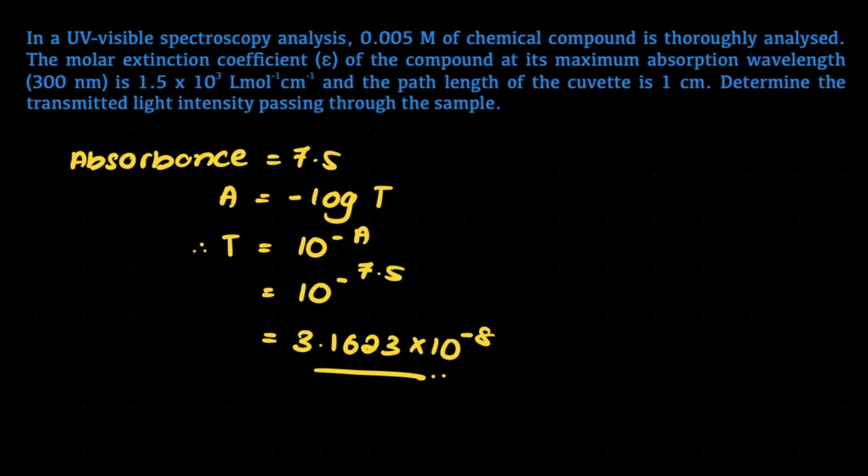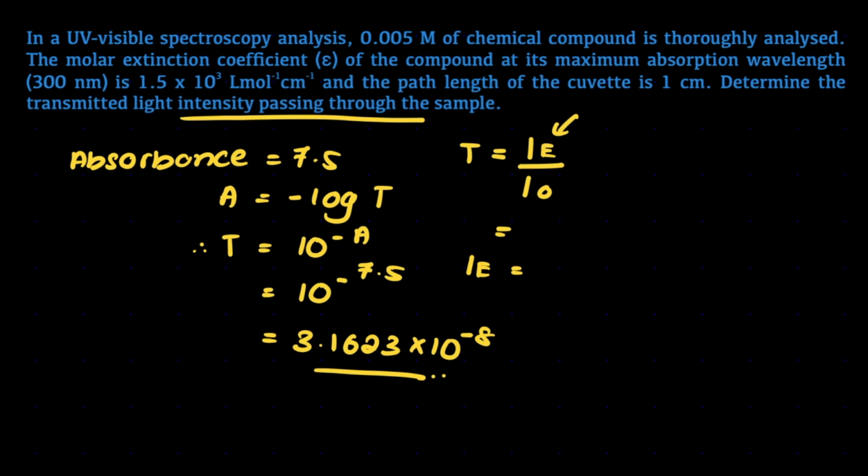So in transmittance, we can say it is equivalent to the intensity of light that is passing through the sample, and the incident light, which is 100%, we assume. So therefore what we want to calculate is the intensity of the light passing through, which is the intensity of exit light.